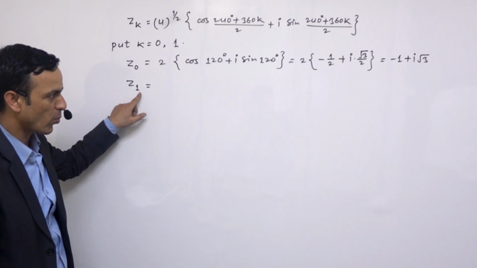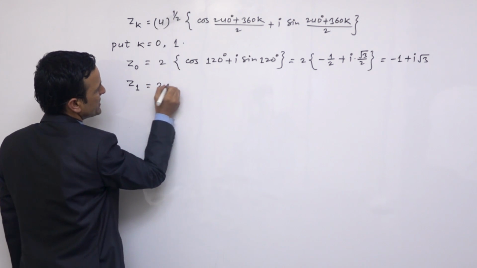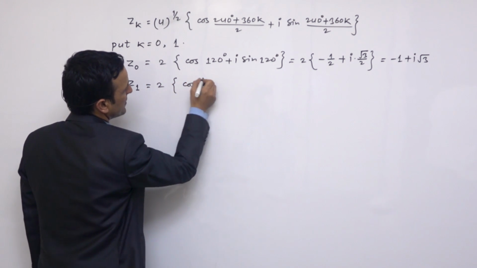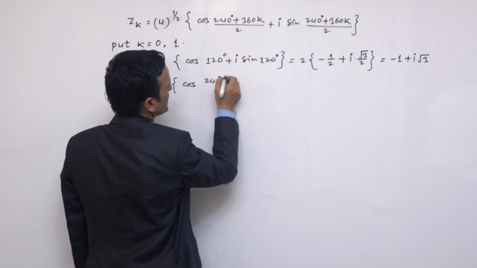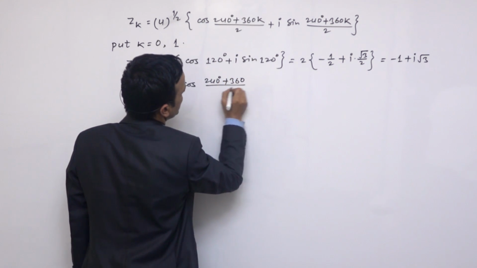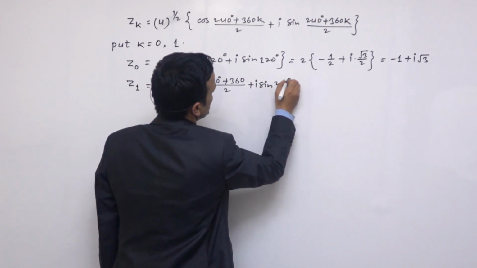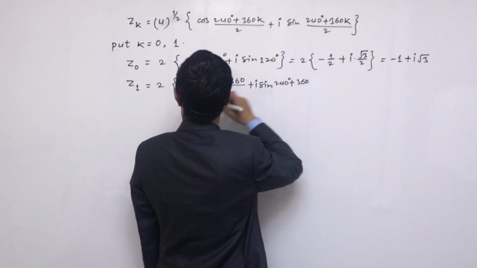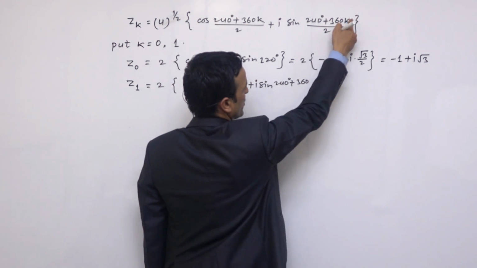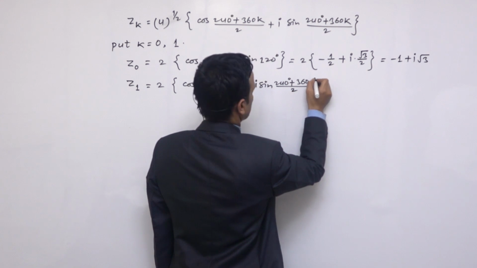And if you put the value k equal to 1 in this statement, we get z1. 4 to the power 1/2 means 2, times cos (240 plus 360 into 1) divided by 2 plus i sin (240 plus 360) divided by 2.